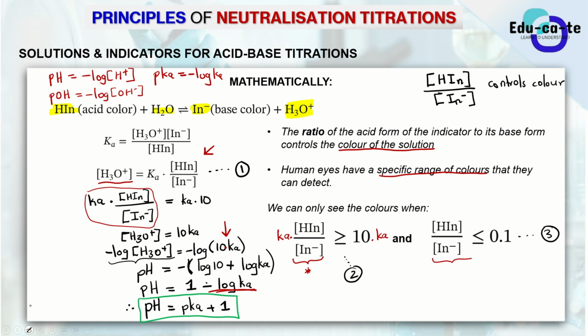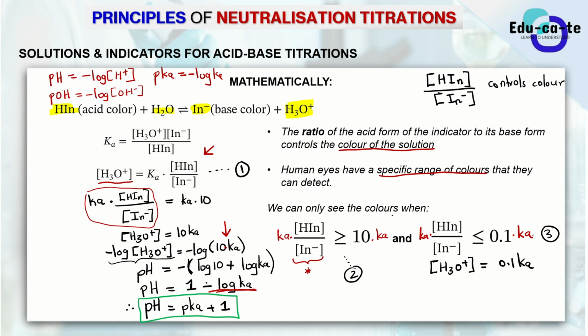And then if you are going to use the second condition, we do the very same thing that we did to this expression. We multiply by Ka on both sides of equation 3. Ka times this and Ka times that gives us the concentration of H3O plus ions at equilibrium equal to 0.1 multiplied by the acid dissociation constant.